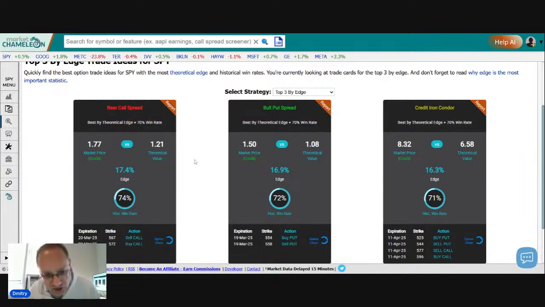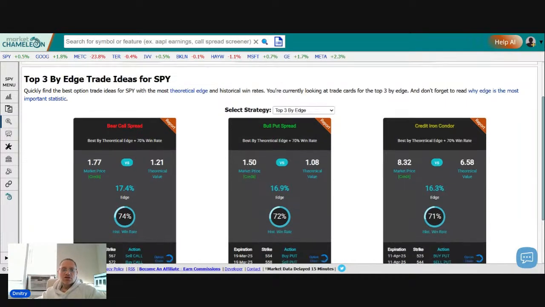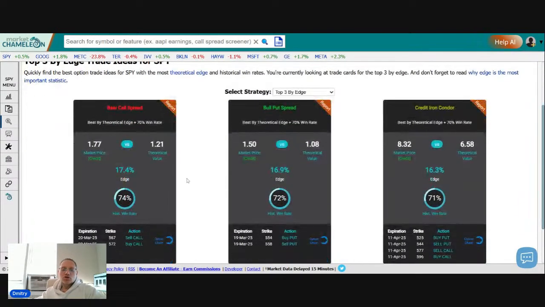And this trade idea card gives us some information about this particular strategy. And then we could go into this strategy and dig deeper to get more analysis and insights into it.